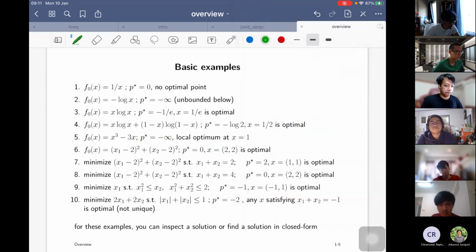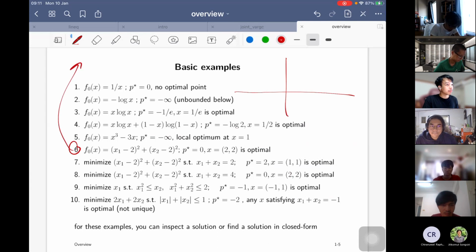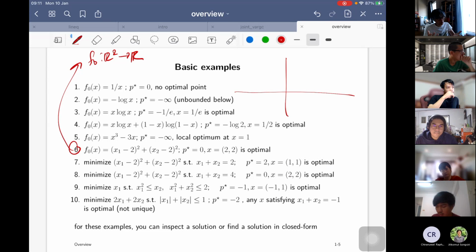Now, probably problem 6. If I sketch, now it is extended to a function of several variables. It maps from R2 to R. So now it's going to be like a surface if you draw it on the R2 plane. But if you just look at the objective value function, that is quadratic in x1 and x2.